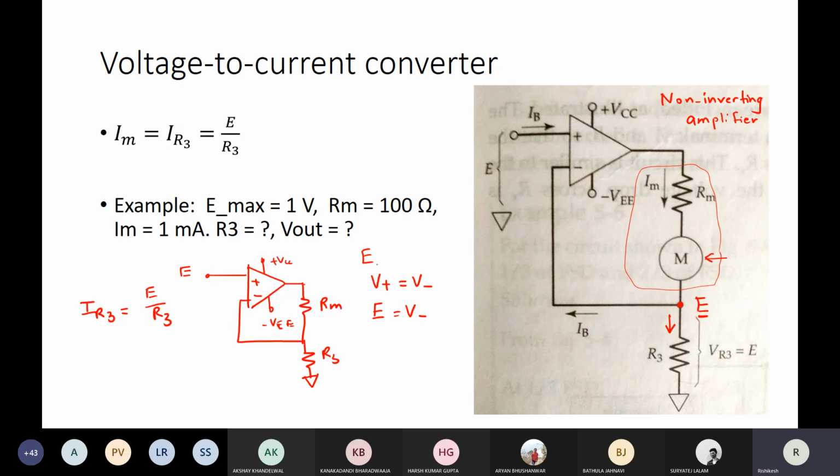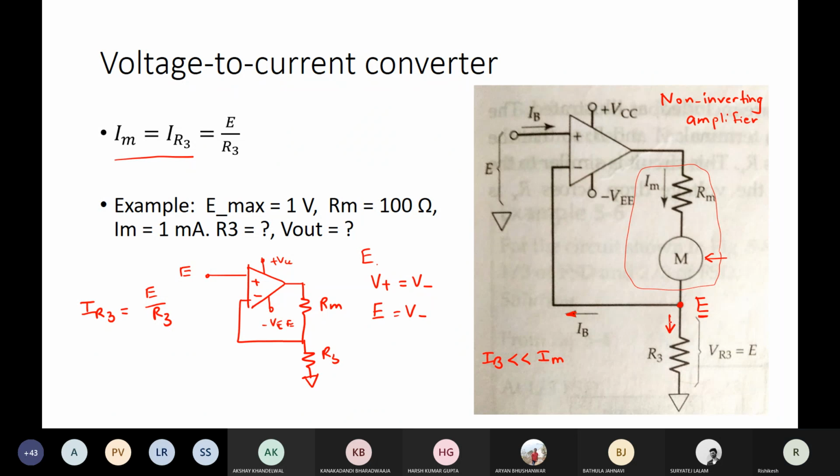And noting the fact that the bias current IB is very low in comparison to IM, that is the meter current, we utilize the fact that IM is equal to IR3, which is E divided by R3. E is the applied voltage.